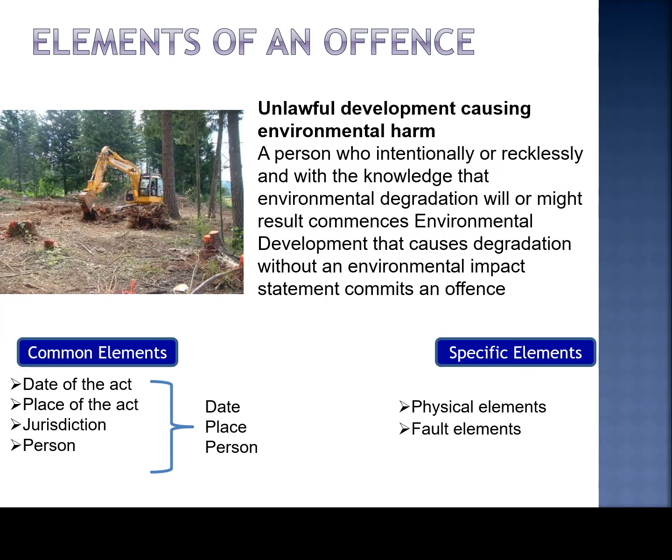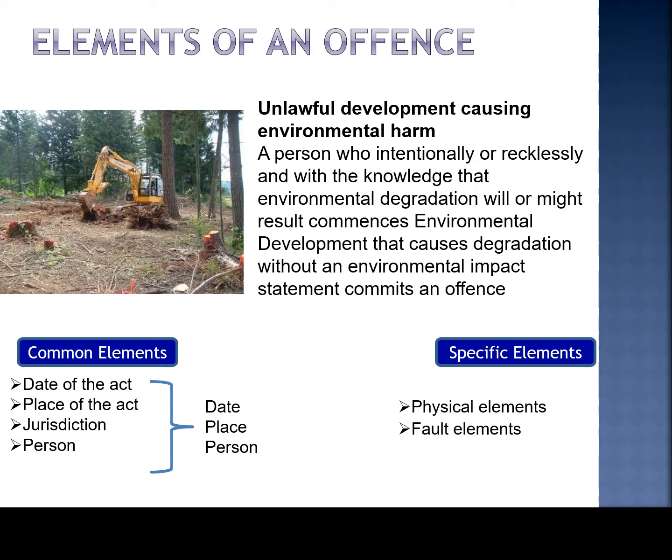The common elements are the date of the act or omission, the place of the act or omission, the jurisdiction, and the person criminally responsible. Out of those 4 common elements, the 3 key ones are the date, the place, and the person. Jurisdiction in relation to this is court jurisdiction.